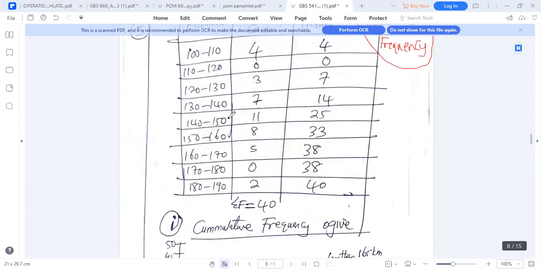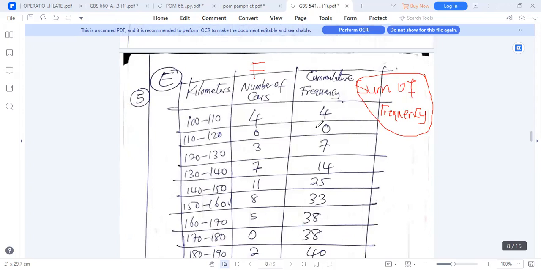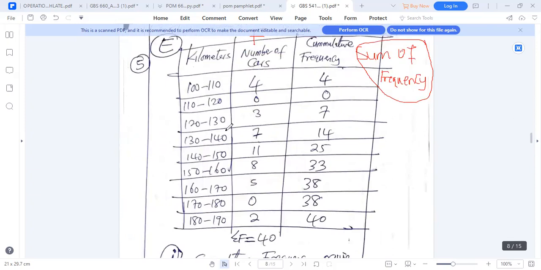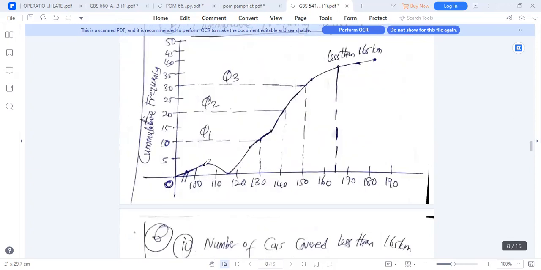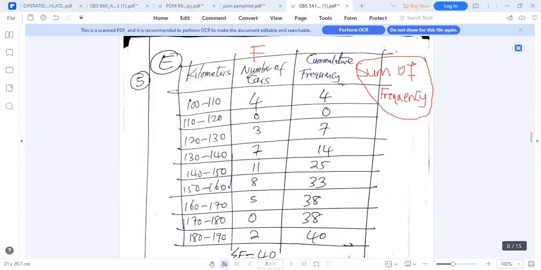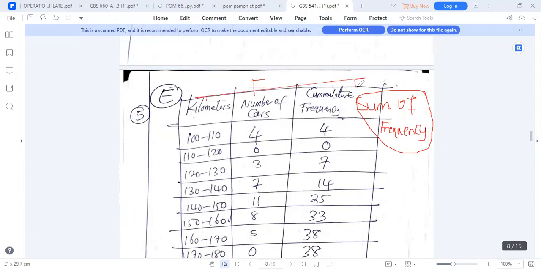This one, getting down to 4, is between 100 and 110. So we can join from the origin. This is the origin. Using the cumulative frequency, you are graphing against the frequency.